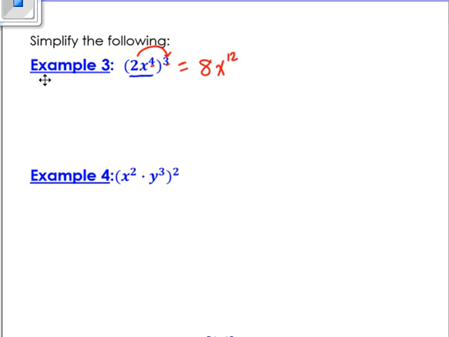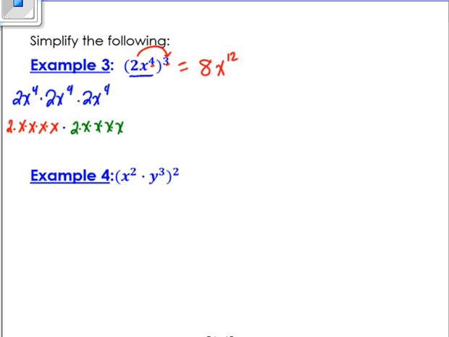Well, 2x to the fourth to the third power is 2x to the fourth times itself 3 times. And then I can break that down even further. 2x to the fourth is 2 times 1, 2, 3, 4 x's. And then I have another 2x to the fourth, which is 2 times 4 x's.